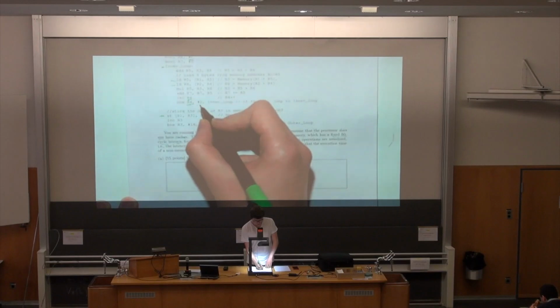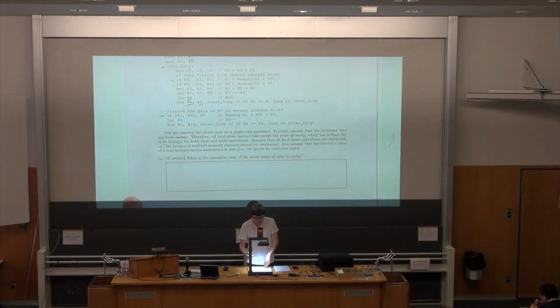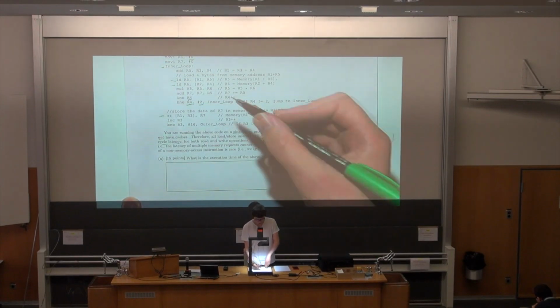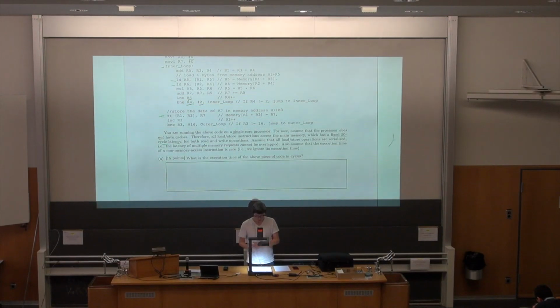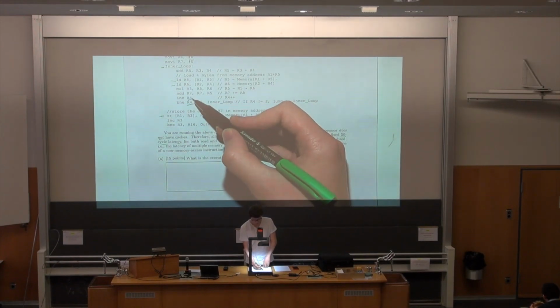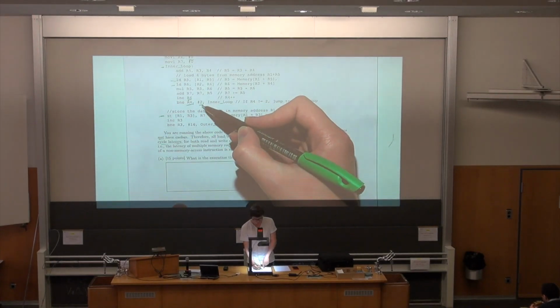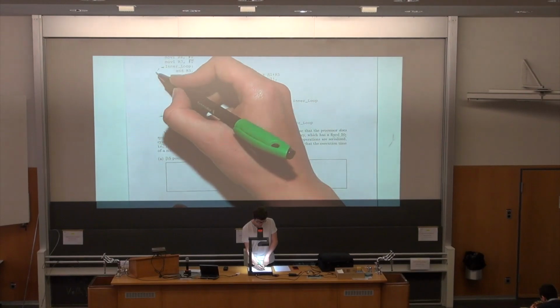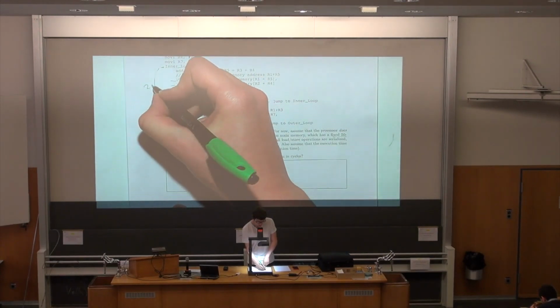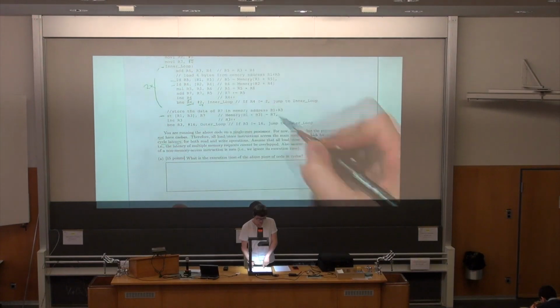Then we branch when R4 is not equal to 2, meaning that we will repeat this inner loop for R4 equal to 0 and 1. Then we increment R4 when it's 1, it becomes 2, and we don't take this branch anymore. So we iterate through this 2 times on each outer loop iteration.